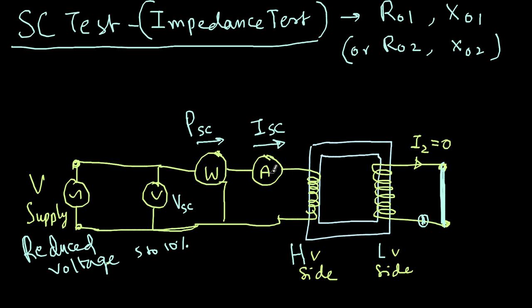But then the full current is flowing through the windings. Therefore, there will be I square R losses in both the windings. So whatever this power meter is reading is the full load copper loss of the transformer. Thus we get the copper loss.